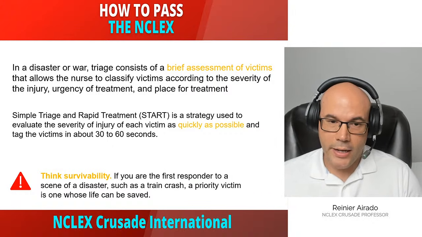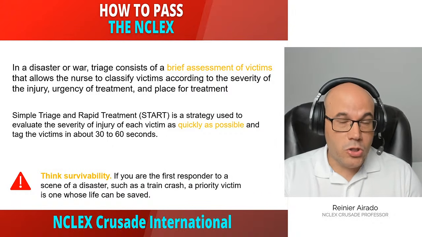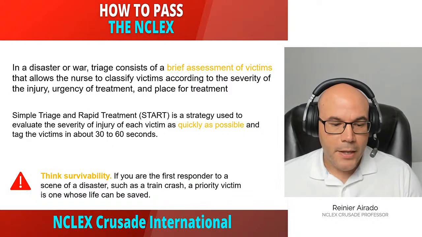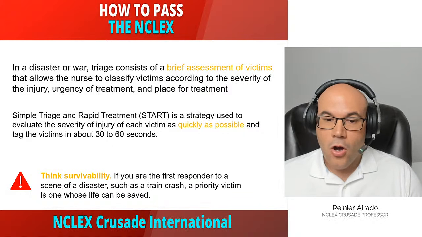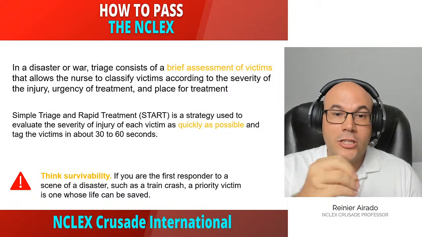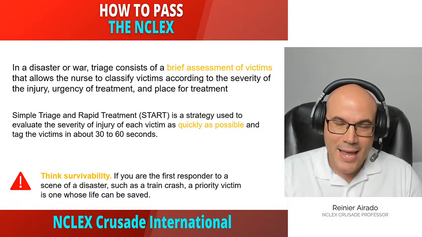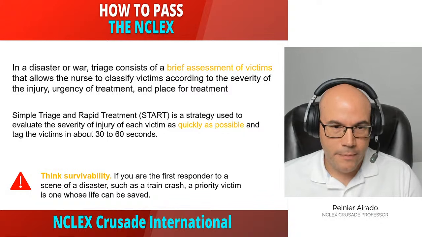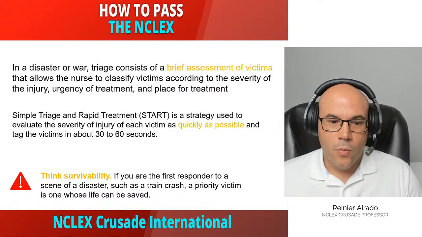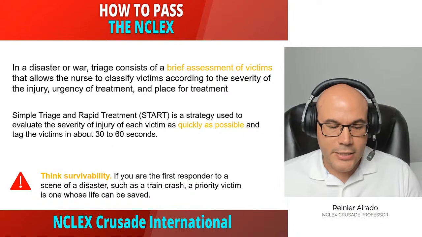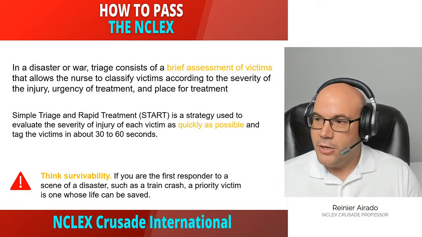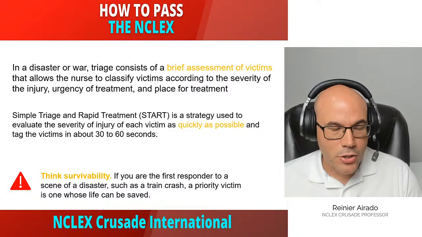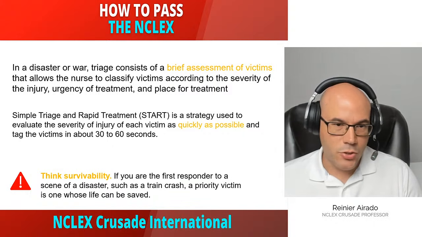It's not only who is the most unstable patient, but you need to identify what patient is unstable but has a higher chance of survival. That is the key when you're answering prioritization style questions that deal with disaster or mass casualty events.